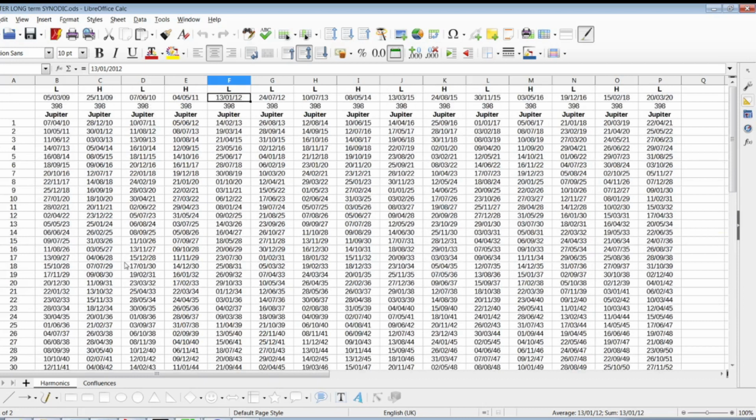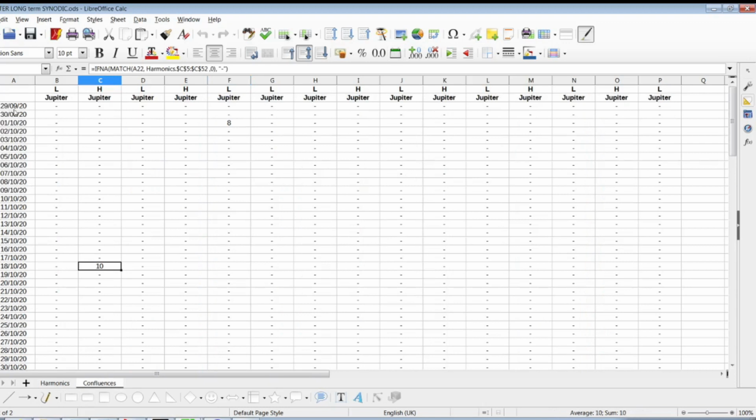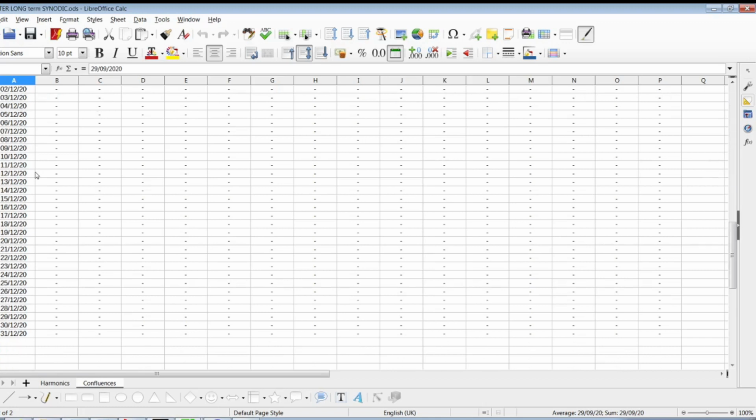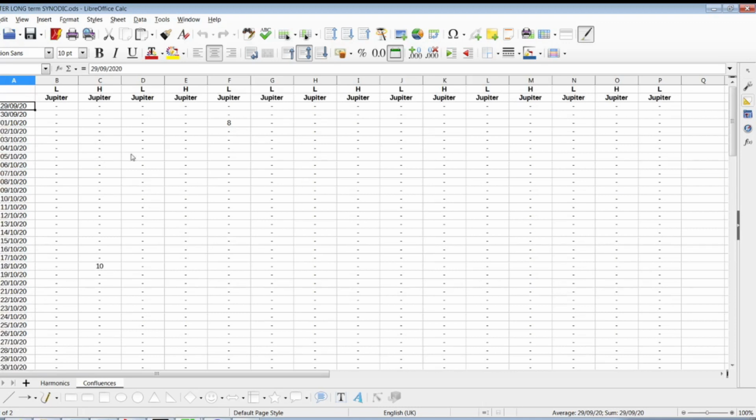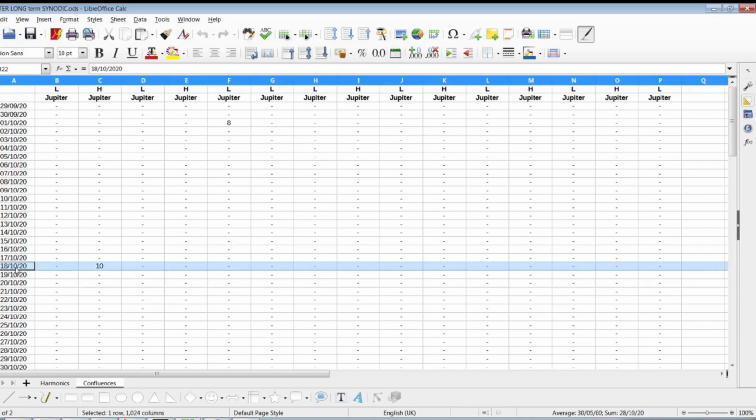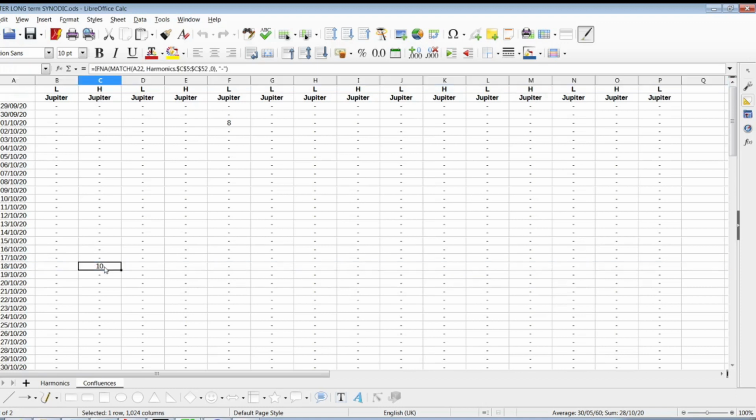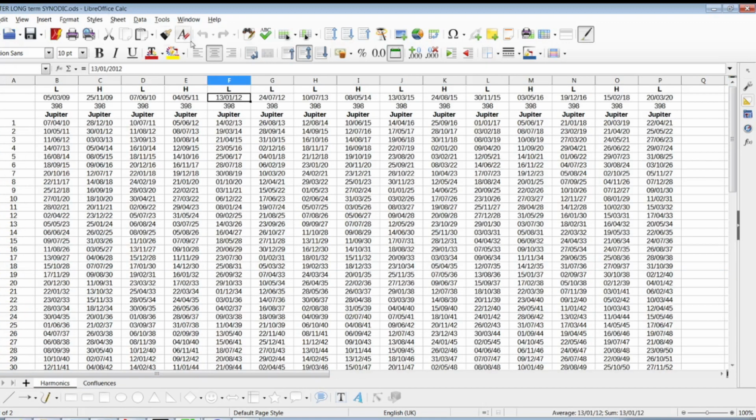On whichever date it falls, it will show over here in the second sheet, which starts from 29th of September 2020, and I've got it till 31st December 2020. It shows me that on the date of 18th of October 2020, Jupiter made 10 synodic cycles from the high of column C, which was on 25th of November 2009.